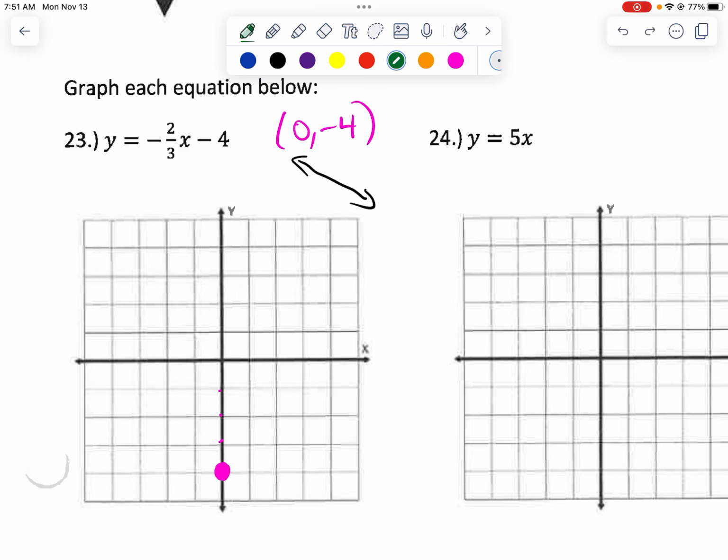Well, I can put the negative on the other part, and I can go up 2. Up 1, 2. But this time I'm going to have to go to the left 3. 1, 2, 3. And then draw a point. Is it going the negative direction? It sure is. And there we have it.